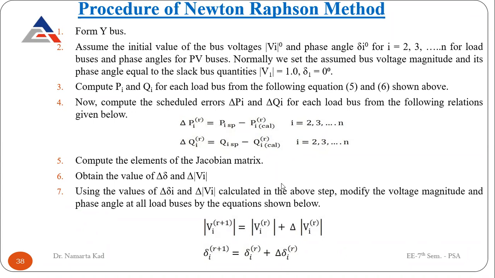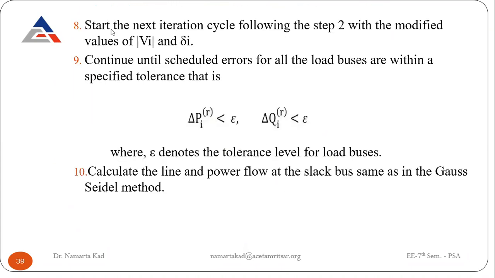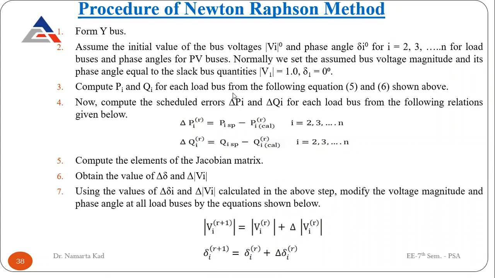So this is the procedure. And in number 8, start the next iteration cycle following step 2 with the modified values of V_i and delta_i. Again, you have to repeat the procedure from these steps, but now using the modified values, not the initial values that we assumed.